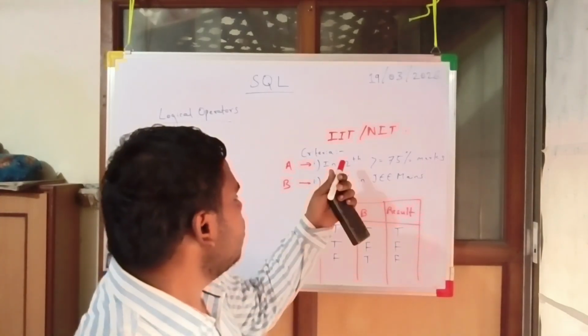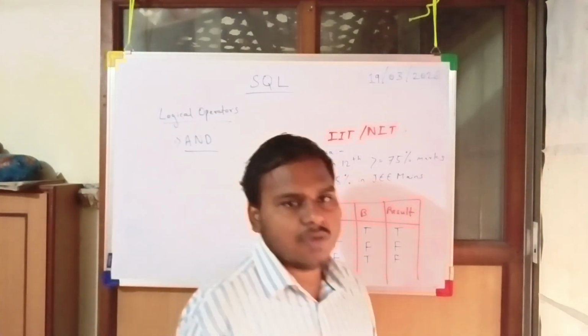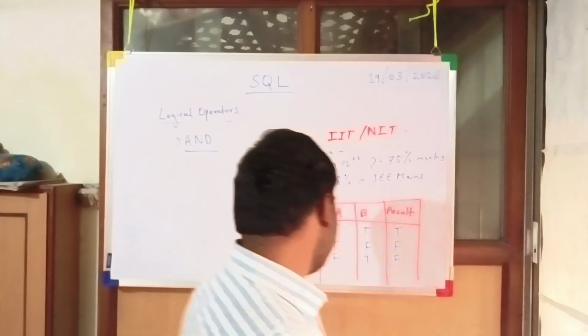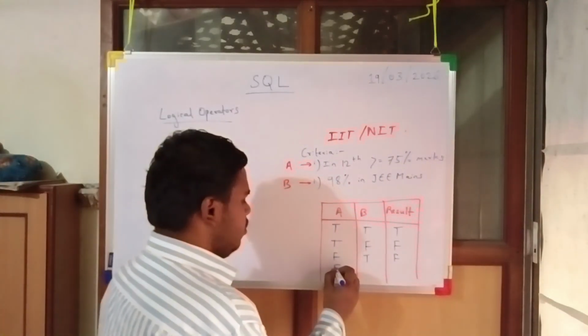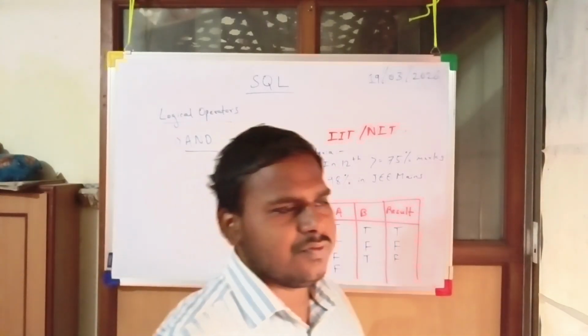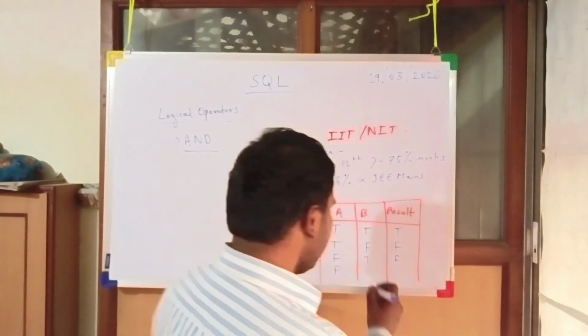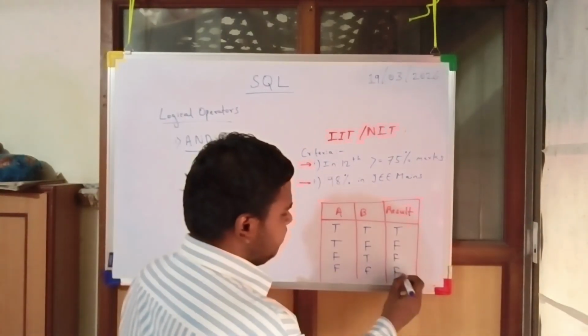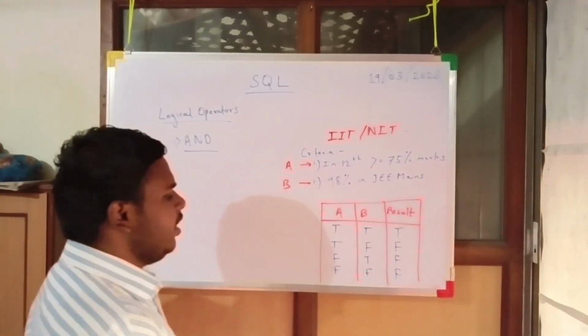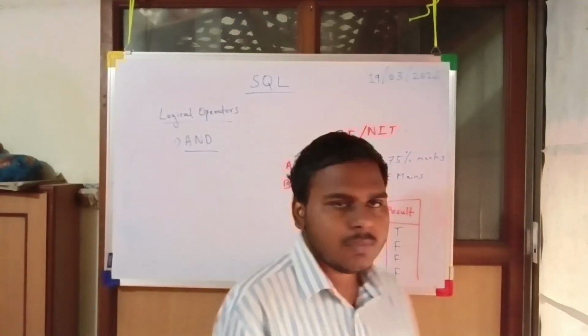Now suppose you did not study well in class 12th either, so that condition failed, and you did not study for the entrance and focused fully on gaming. Then there is definitely no chance of admission. First condition failed, second condition failed, so overall no admission.